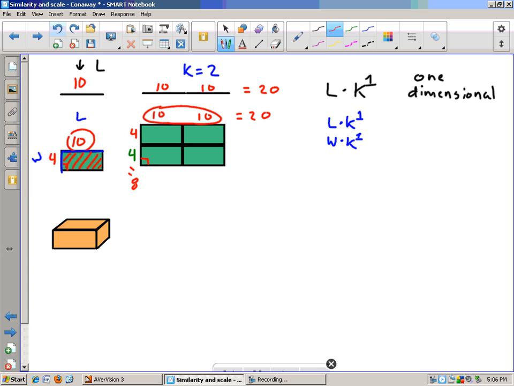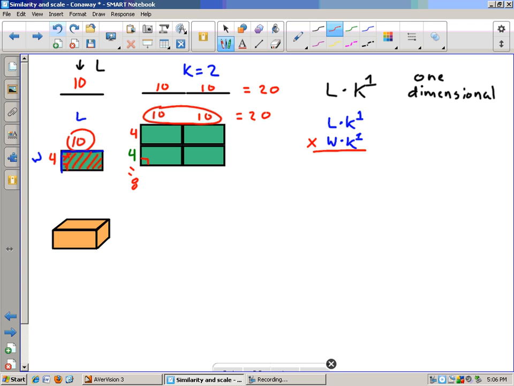And you find the area of one of these shapes, and right now we're using a rectangle, by multiplying our 2 measurements that are at 90 degrees from each other, so length and width in this case. We're going to multiply those together. So in this case, I'm going to get L times K to the 1 power, times W times K to the 1 power.